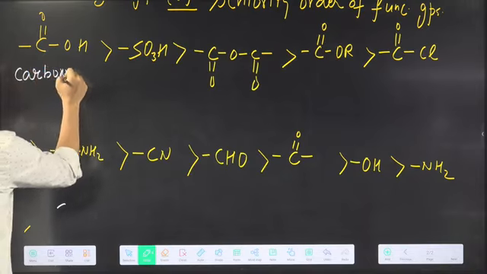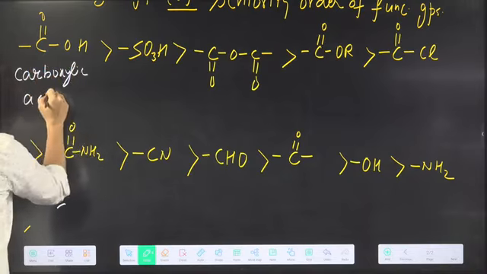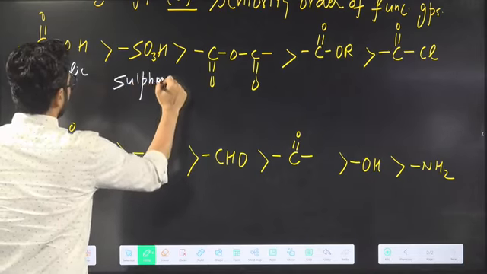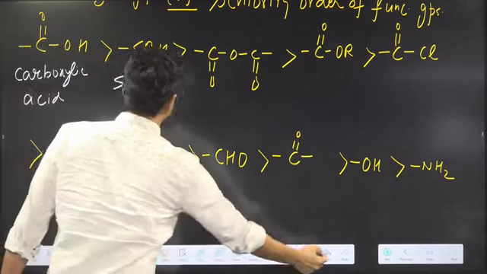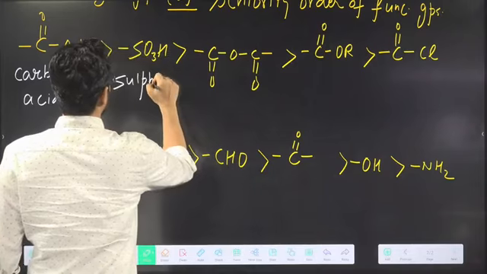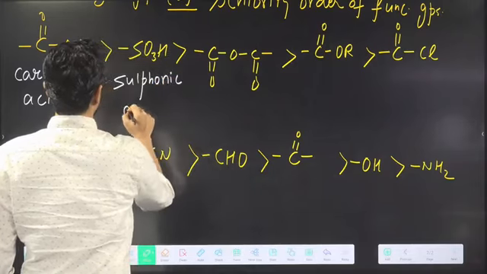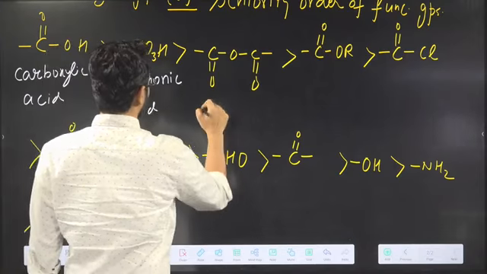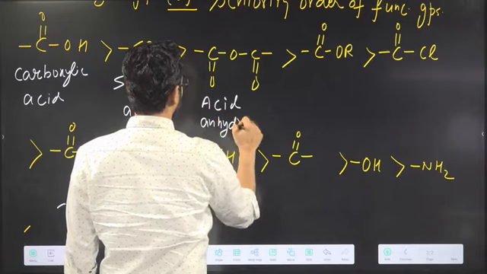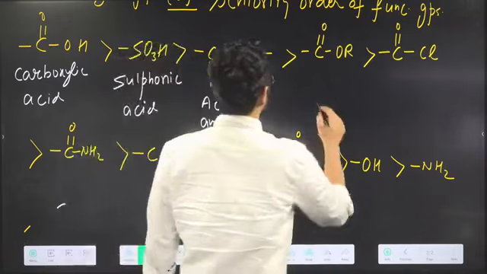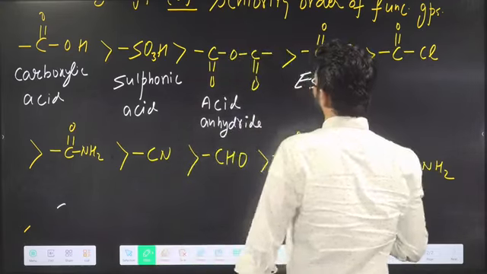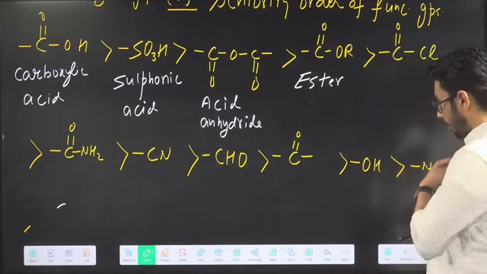This is carboxylic acid, sulfonic acid. Ester, C double bond O, O R.